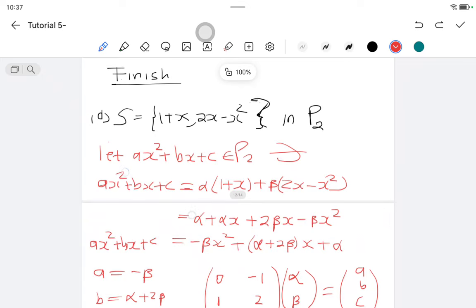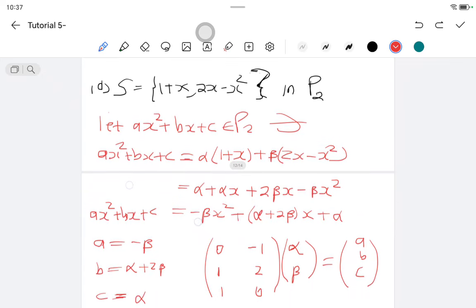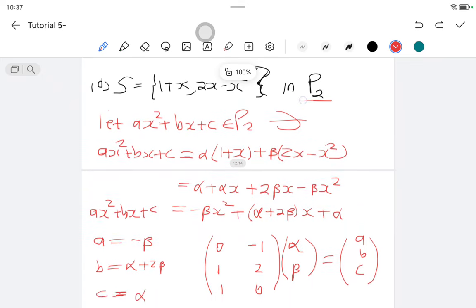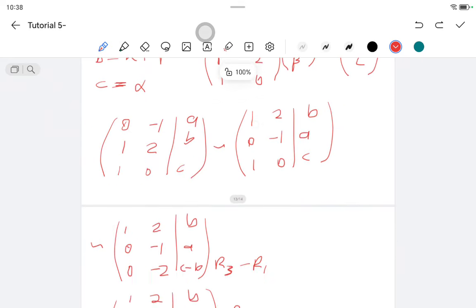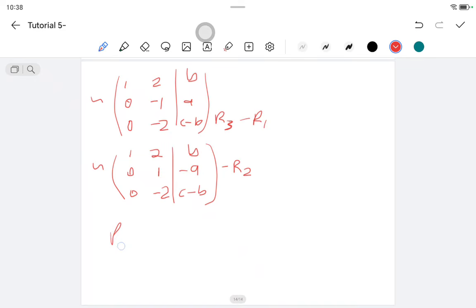The space of P2 is 3, right? Because we have P0, P1, P2. Even though it's not the easiest way to check whether this will give us a 0 or not, right? But this is what we have.